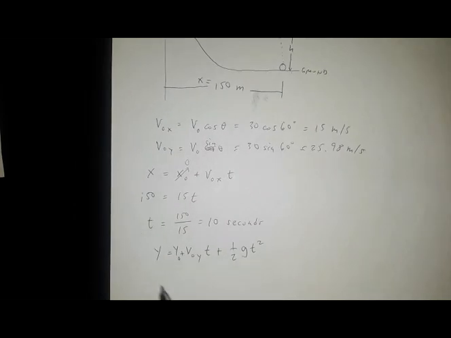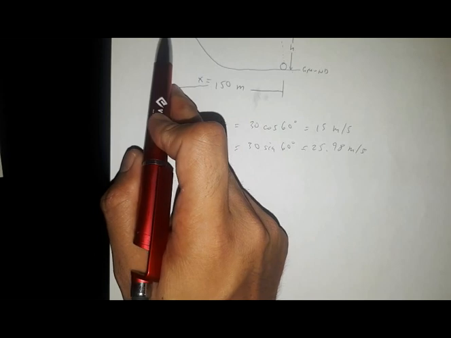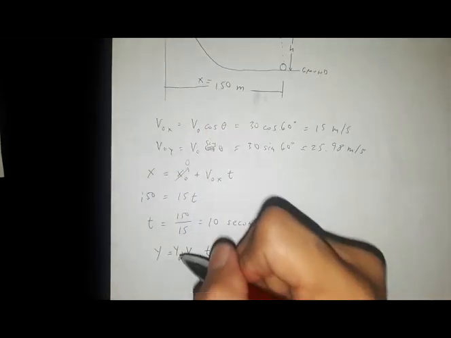So I almost forgot, y is equal to yo plus Voy t plus 1/2 gt squared. So your initial position yo is equal to 0.